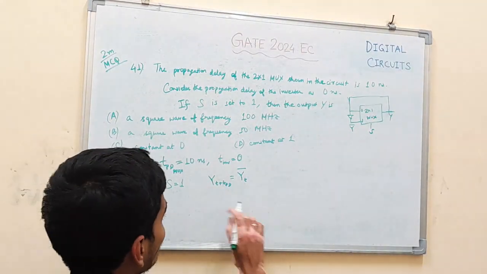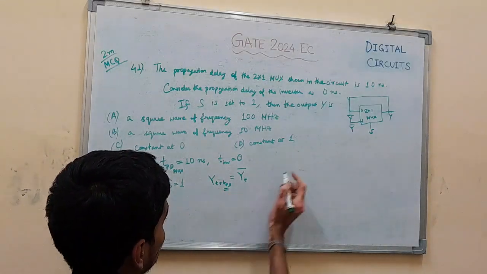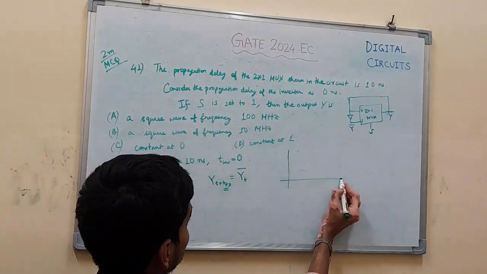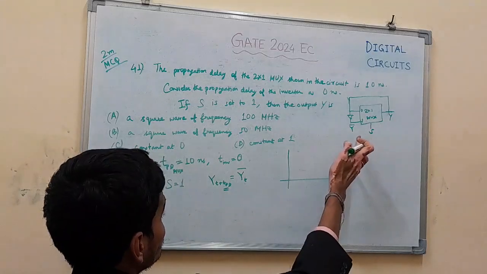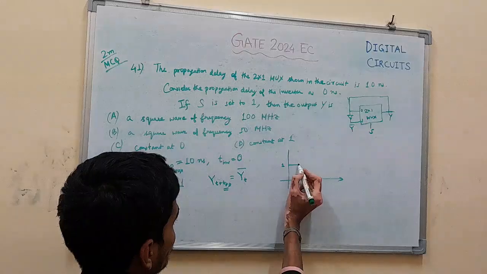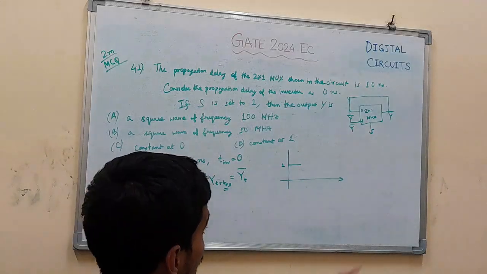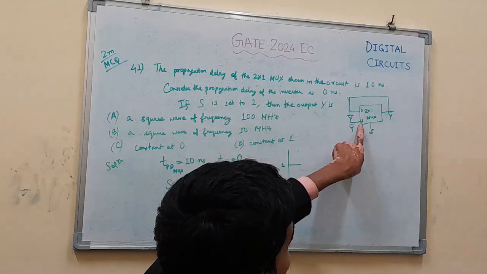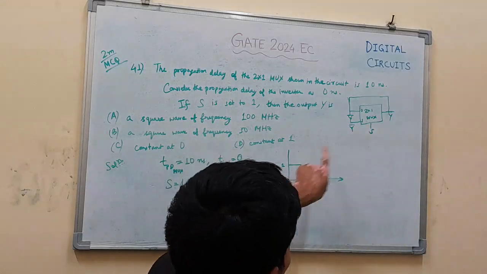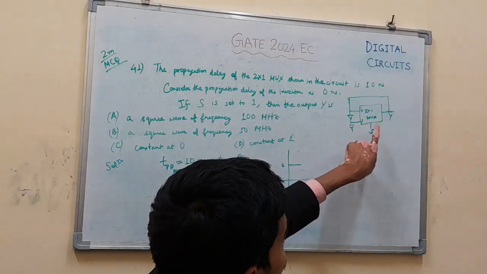So basically Y will toggle after every TPD time. Let's say Y is initially 1. The value going to the input is 0 after the inverter.